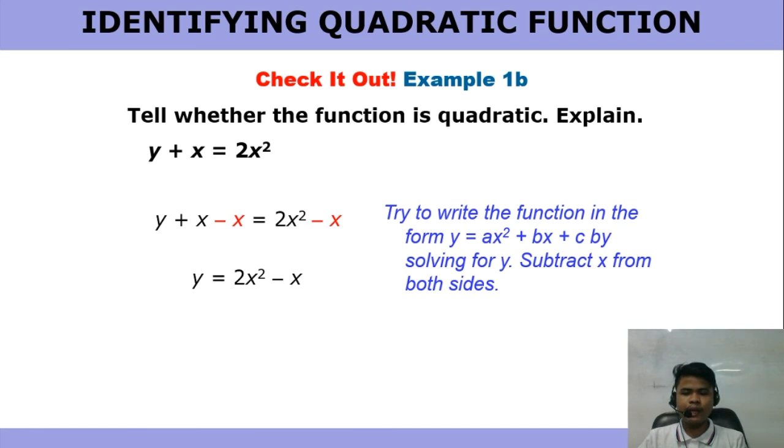Or, in this one, we can apply the method of transposition wherein kapag itatransfer natin yung isang value to the other side ng equation, we just need to change the sign. For example, we want to transfer x to the right side. Ta-transfer lang natin, then change the sign. From positive, it will become negative. So, it will become y is equal to 2x squared minus x.